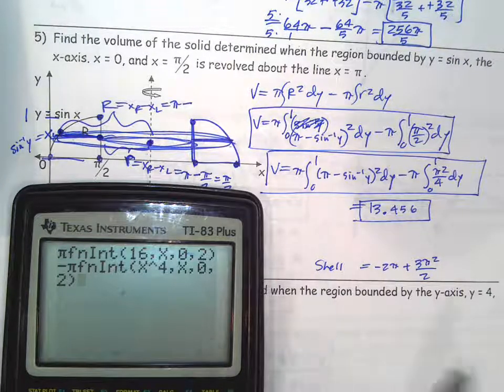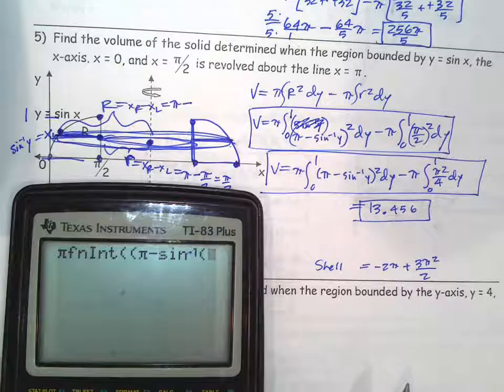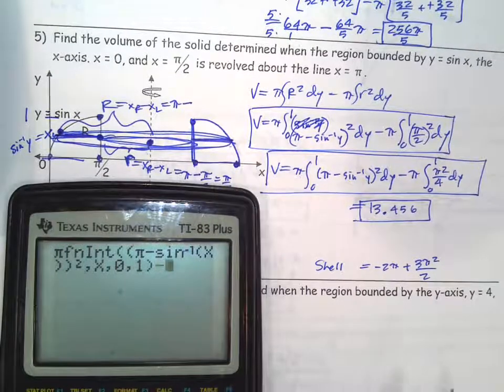Okay, let's just type it in again real quick. Pi, math 9, parentheses, pi minus inverse sine of x, close, squared, comma, x, comma, 0, comma, 1, minus pi, math 9, pi squared over 4, comma, x, comma, 0, comma, 1.